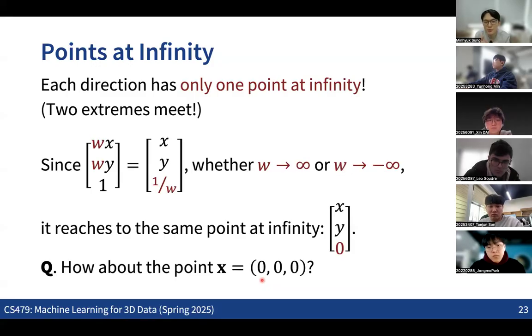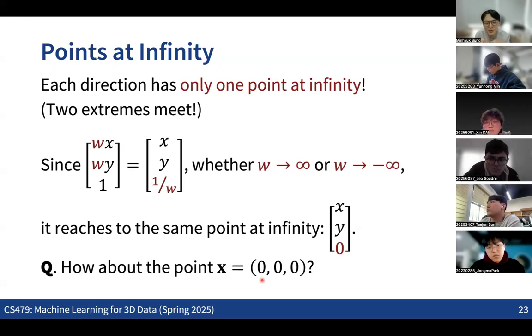The origin should be 0, 0, 1 or 0, 0 with some non-zero value. But 0, 0, 0 defines nothing. So this is basically invalid coordinates. We should not use 0, 0, 0. It represents nothing, so you should not be confused about that.